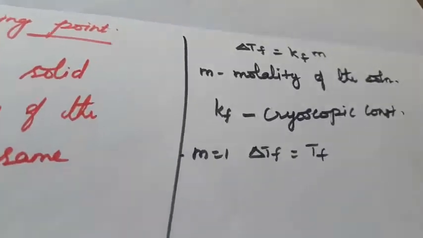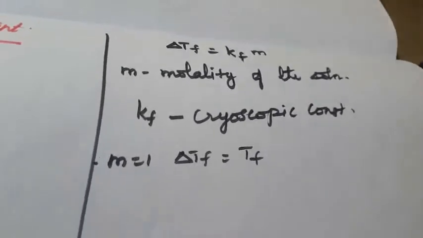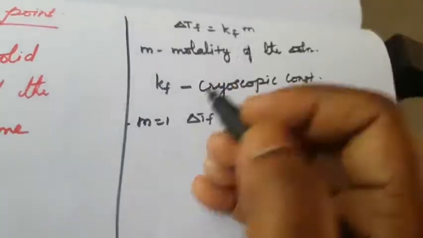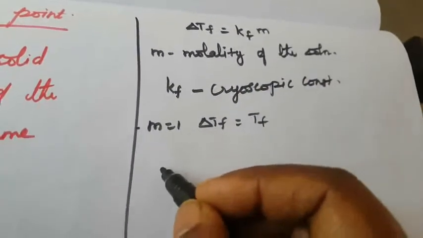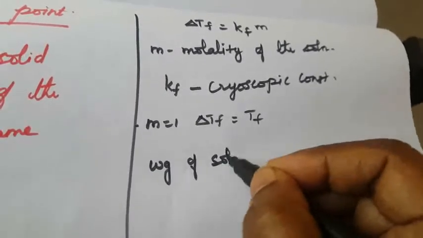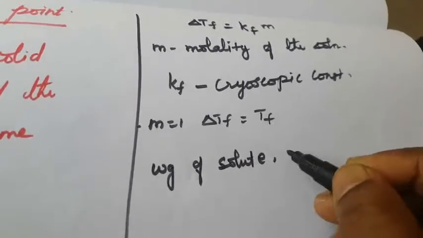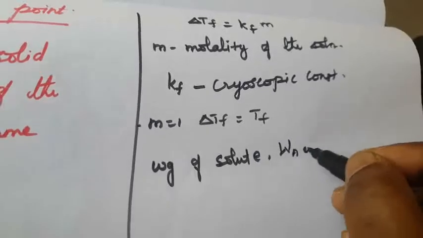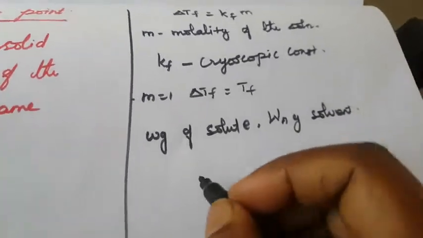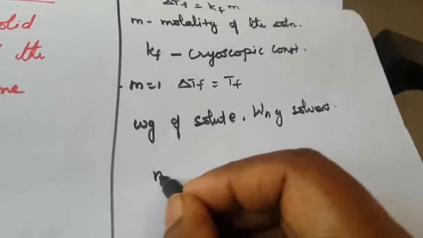Now we see how to calculate the molar mass from the depression in the freezing point. We take a known weight WB gram of solute and WA gram of solvent. What is molality?